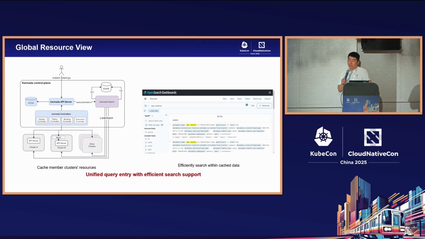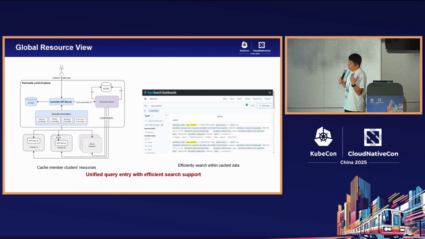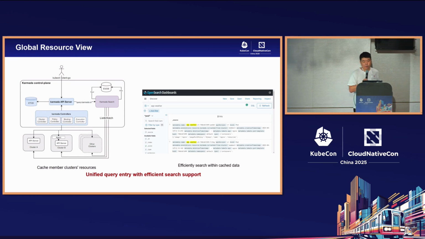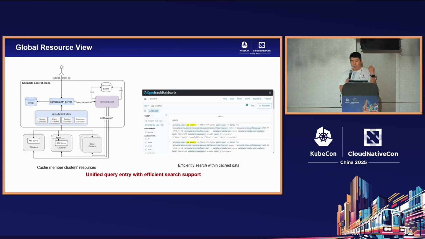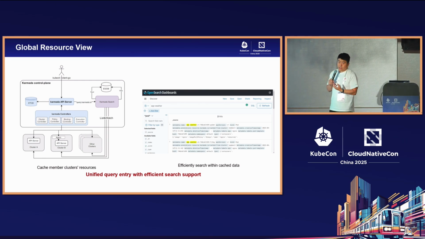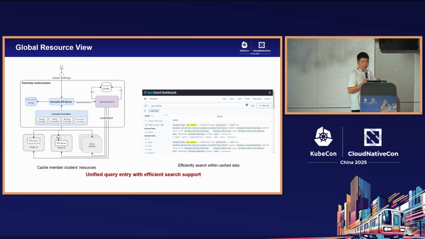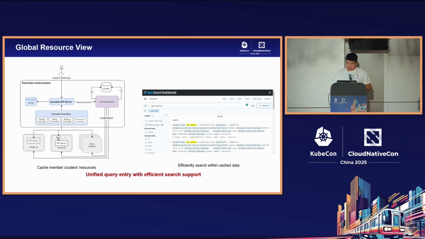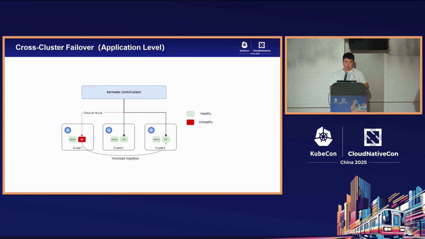The Karmada Search will cache all the resources from member clusters and provide an API, so people can use the Karmada API or kubectl to query the resources. One of our users uses this to build a global view with Elasticsearch. And here I show OpenSearch. That's the same.